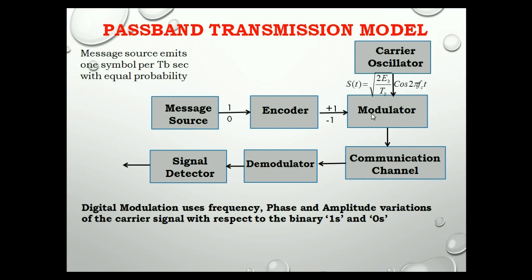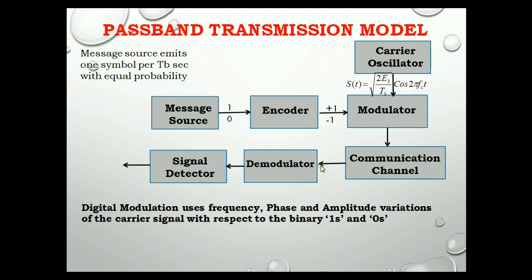The other input to the modulator is the carrier signal s of t, which is equal to square root of 2EB divided by TB cos 2 pi FCT, where EB is the bit energy and TB is the bit duration. The output of the modulator is the digital modulated signal, and that is transmitted through the communication channel. Since we are transmitting the message in the modulated form, it is called passband transmission.